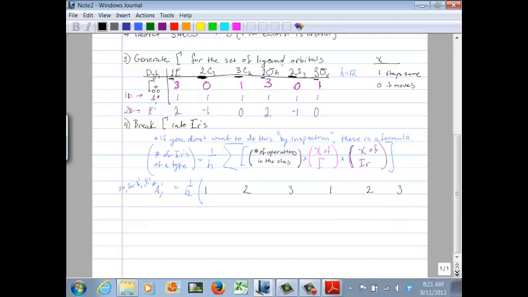Those numbers come from up here, the number of operations in each class. And then I'm going to multiply those by the character of my reducible representation. So I'm going to multiply 1 by 3, 2 by 0, 3 by 1, 1 by 3, 2 by 0, 3 by 1.